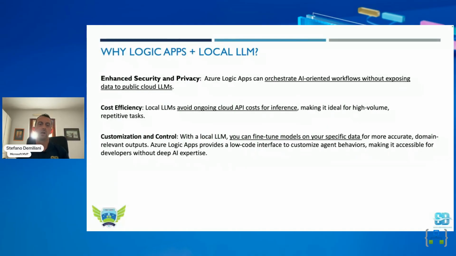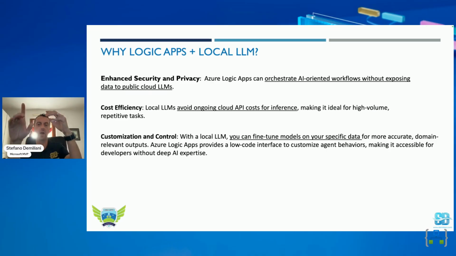And the last advantage of this combination of Logic Apps and local LLMs is that with a local LLM, you can fine-tune that model with your specific data. So this model can work with your specific business data. It can answer accurately with domain-relevant outputs. And with Logic Apps, you can, in a low-code way, orchestrate processes that can also use local models for some tasks, with all the benefits related to that.